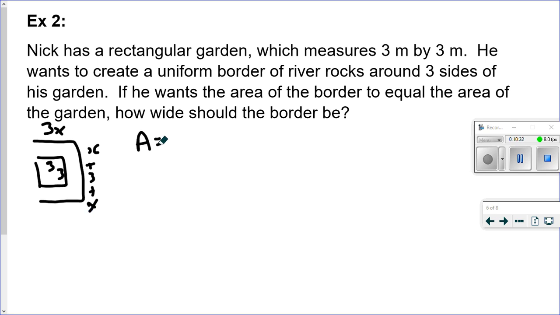So we know that area is length times width. In this case, there's two areas. We don't know what x is, but we do know that if we put it in, we can solve for just the outside.